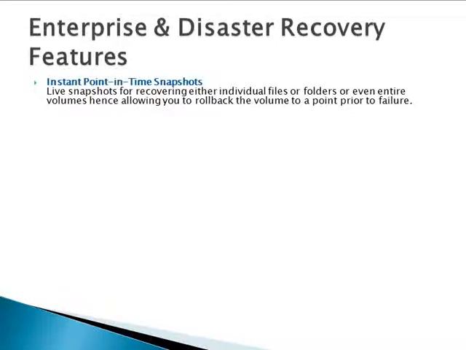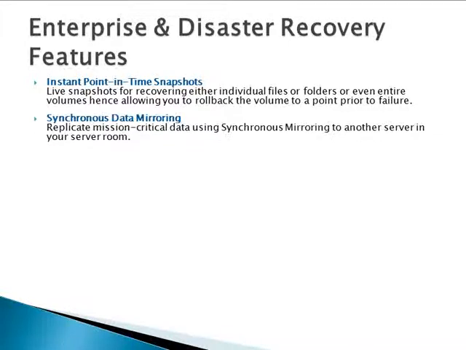So some of the enterprise and DR features that you're going to get by using StarWind Software's iSCSI targets are point-in-time snapshots, which are a big deal in the storage world. Basically, we have snapshots in SQL, so instead of telling SQL, hey, take a snapshot of this database, you can tell the storage, hey, take a snapshot of the storage at this point in time. So you have a backup of everything that the storage had on it at that exact point in time, a block level backup, or block level snapshot rather.